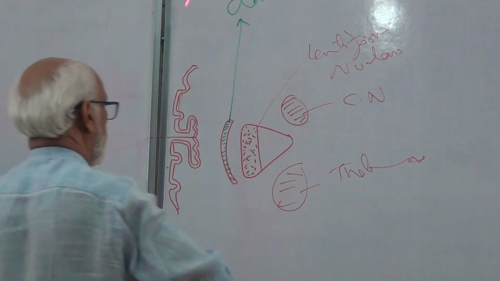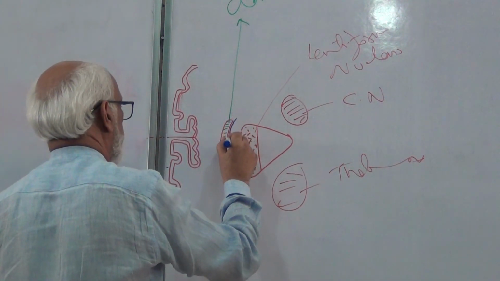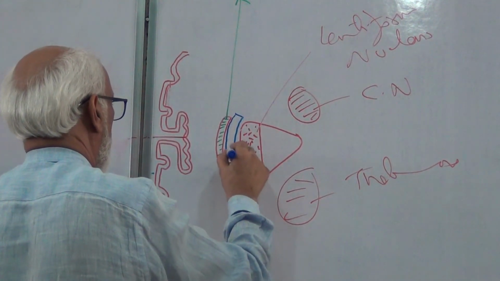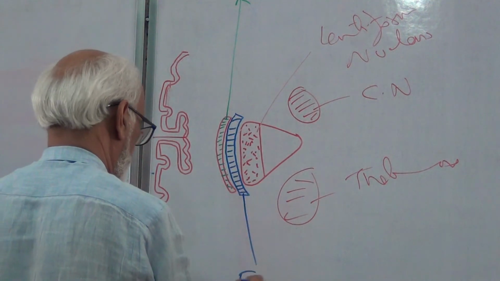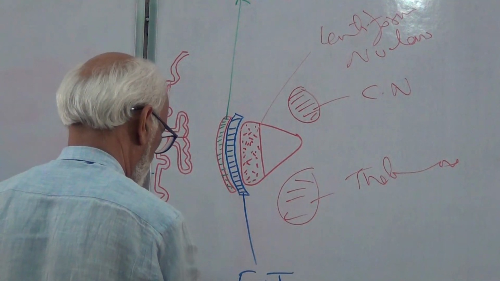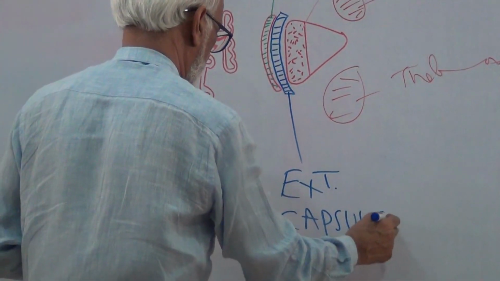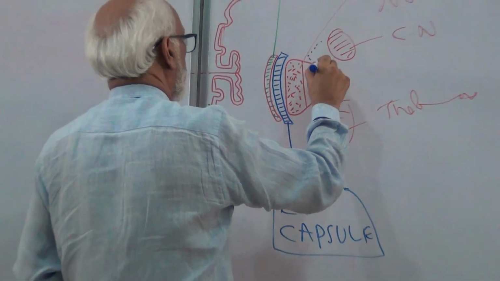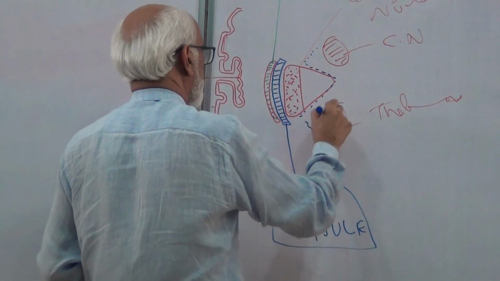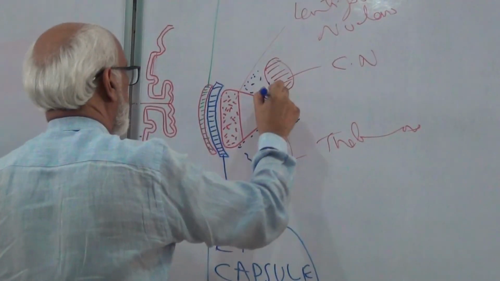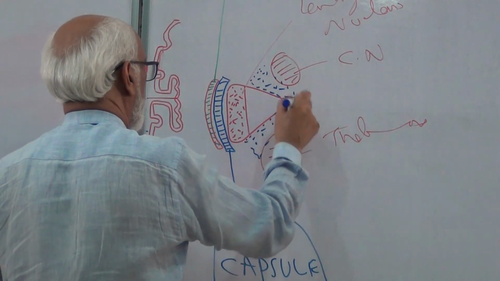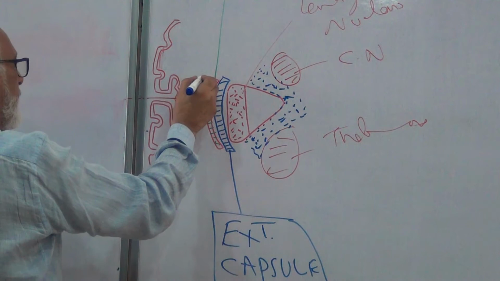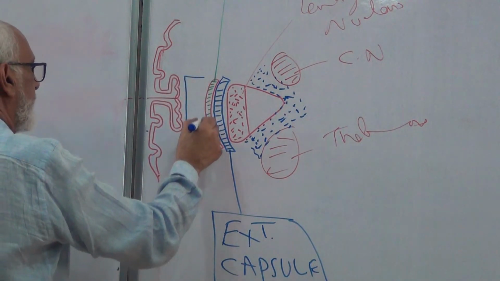So here between the lentiform nucleus and claustrum, there is a layer of white matter. This is known as the external capsule. This is the internal capsule, as we discussed. Then between the claustrum and the gray matter of the insula, again there is a layer of white matter.